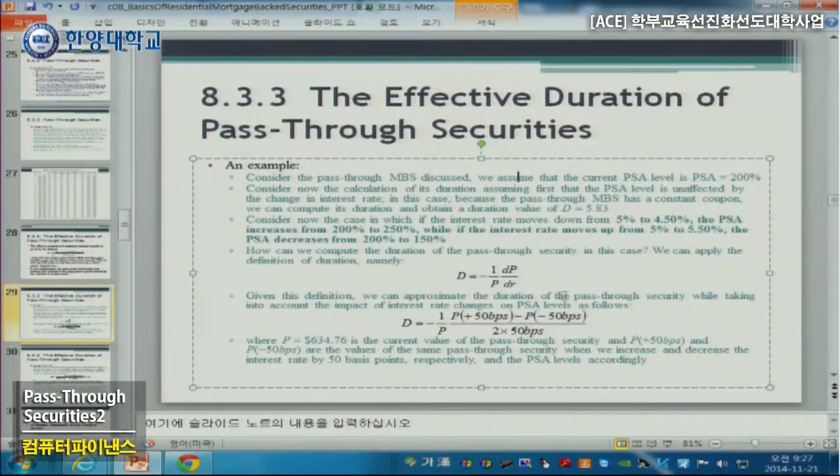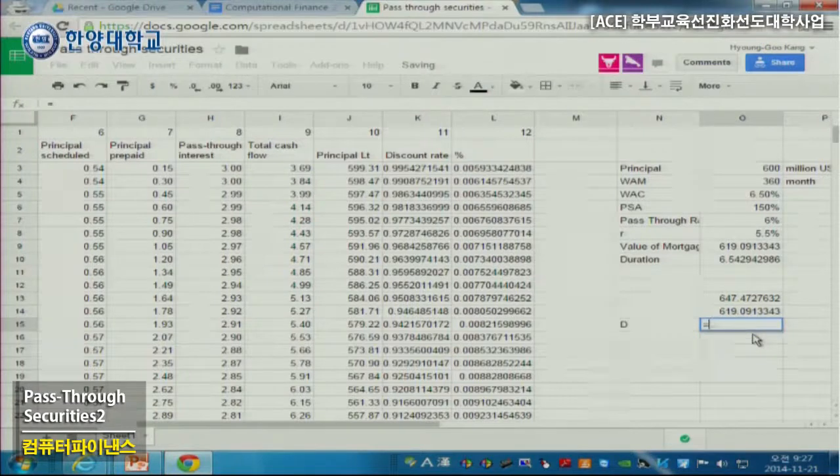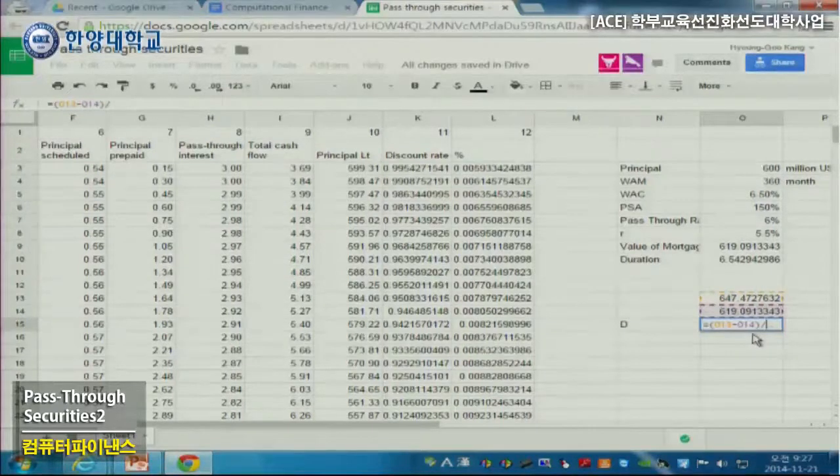So if we calculate the duration, then the change of this one minus this one, and then divided by, there is a 1 percentage point change, right? We are calculating 1% because this is comparing between 4.5% and 5.5%. So it is 1 percentage point change.